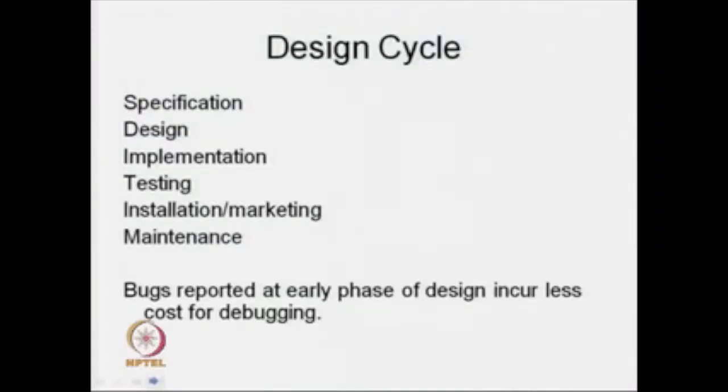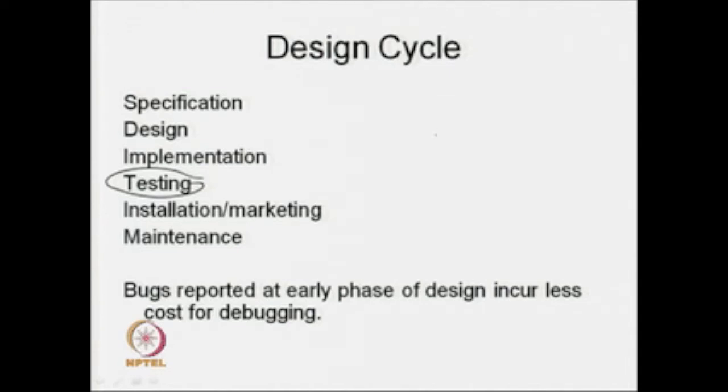Here we have one issue: whenever we design a circuit or a system, it may not be correct in the very first go. Bugs reported at the early phase of design incur less cost for debugging. When we come to the testing phase, we know our input patterns, what inputs we have to give, and along with that we know the desired behavior.